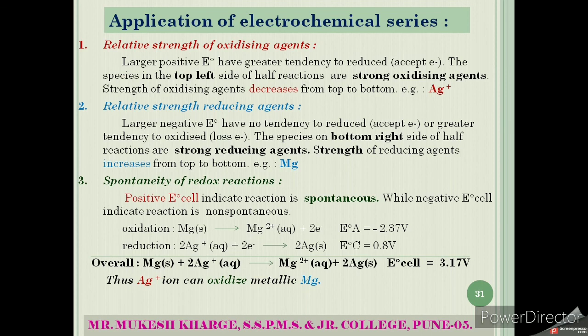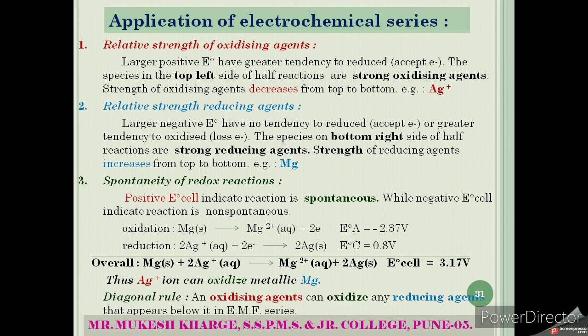Okay. For that purpose, there is one rule, and it is called the diagonal rule. An oxidizing agent can oxidize any reducing agent that appears below it in the EMF series. So if you observe, Ag+ ion oxidizes the magnesium because magnesium is placed below the Ag+ ion in the EMF series.